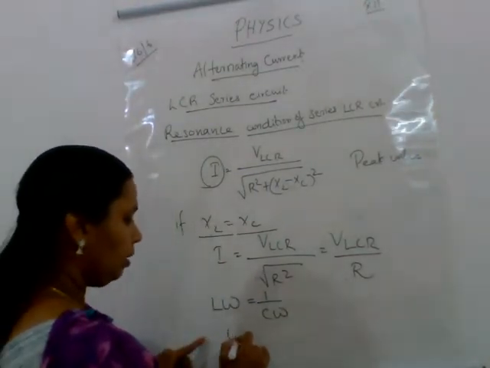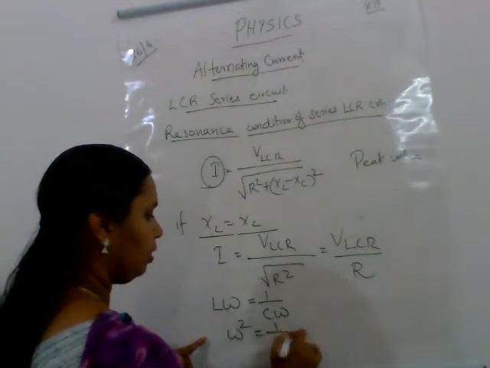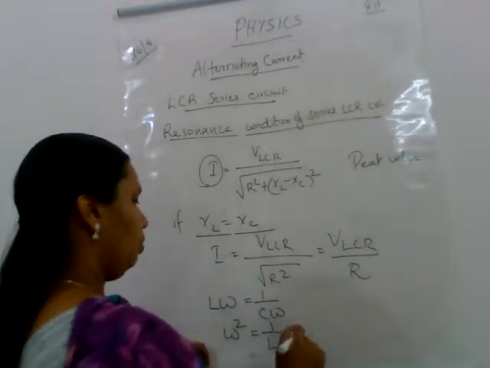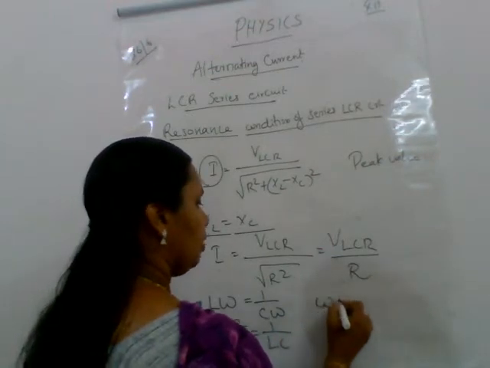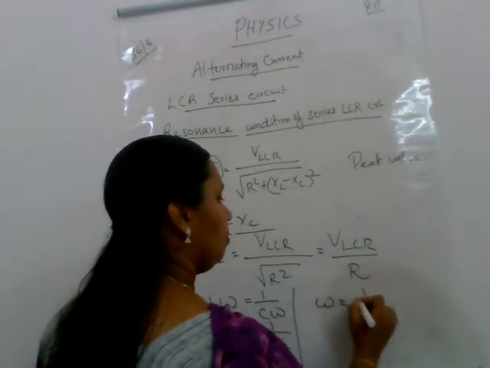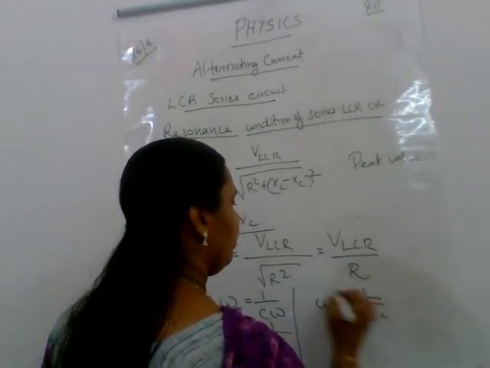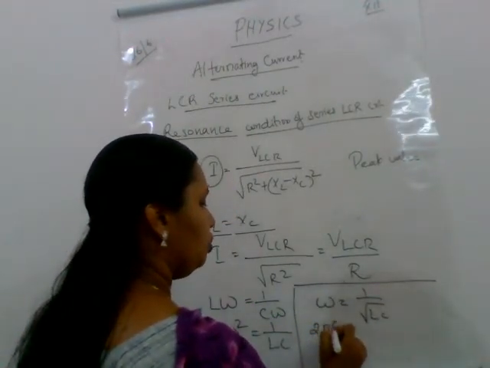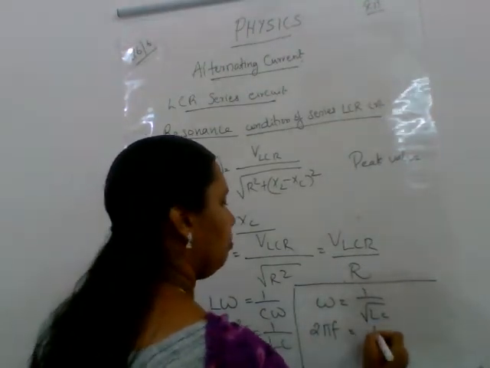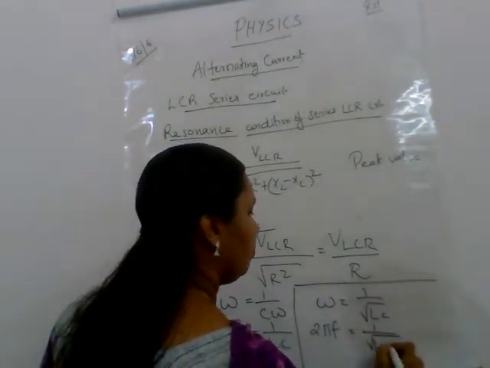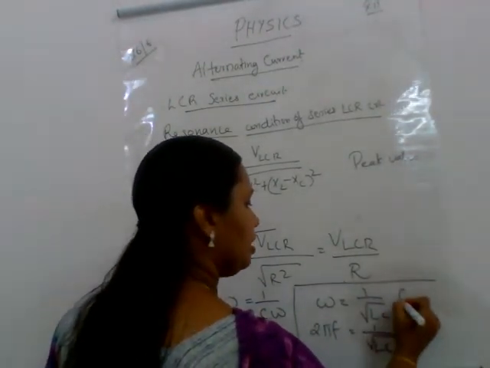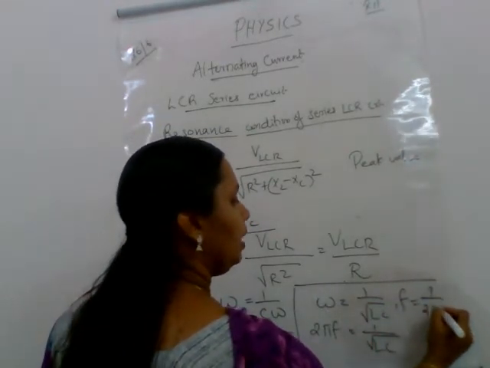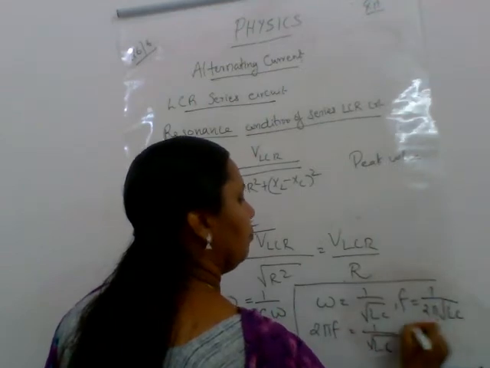Taking omega to one side, I get omega square is equal to 1 by LC. So omega is equal to 1 by root LC. And omega is 2 pi f. So 2 pi f is equal to 1 by root LC, and the frequency f is equal to 1 by 2 pi root LC.